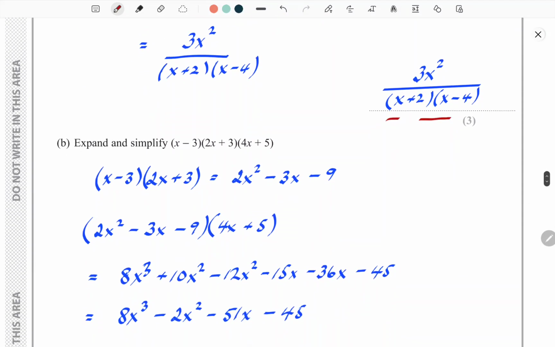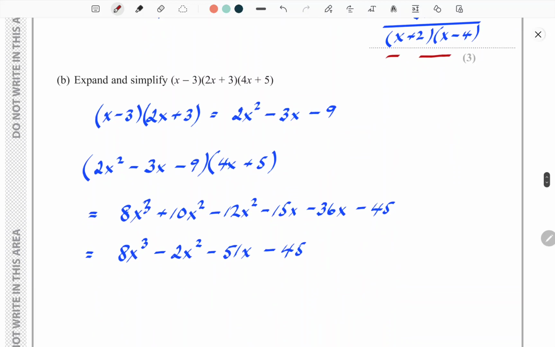All right, and the next one is, again, not a difficult question, but plenty of opportunity to misplace a sign or get something in the wrong order, etc. So do it methodically. Multiplying out 3 sets of brackets, you want to multiply the first 2, right? It doesn't matter what order you do them in, but just do 2 of them first, and then later on multiply by the third one, whichever ones you pick.